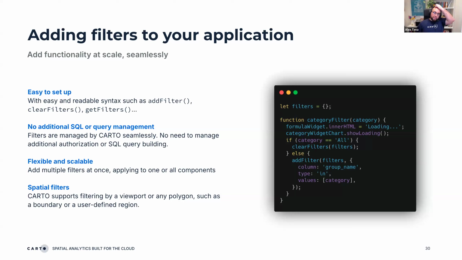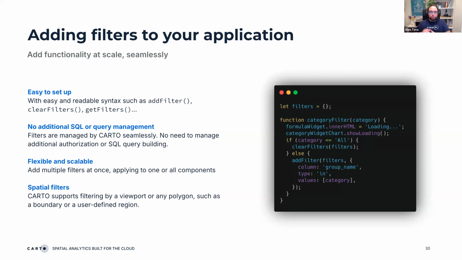I thought it was pretty obvious, but then I saw people asking questions about it. So I want to make sure that everybody understands today that you don't have to do a lot of things to add filters to your application. You don't have to create additional SQL sources. CARTO provides all of that functionality as well. Super easy to set up.